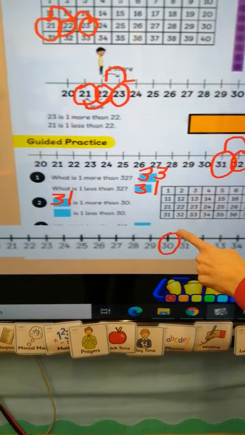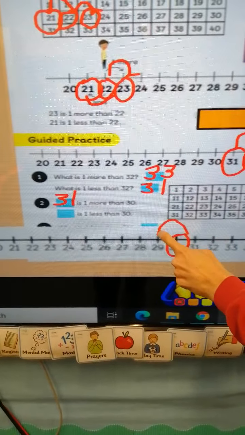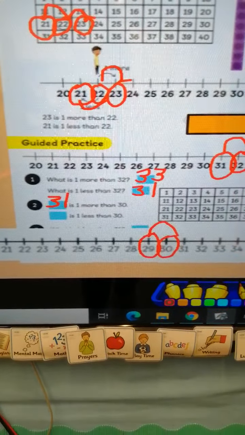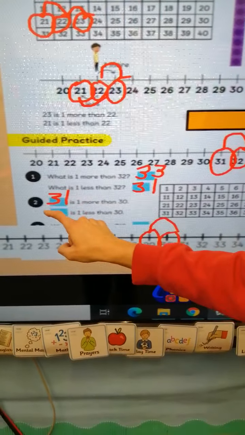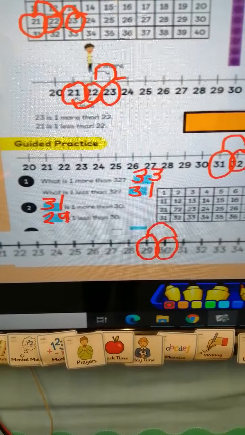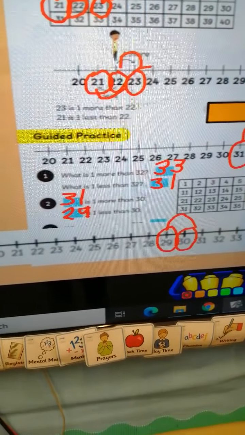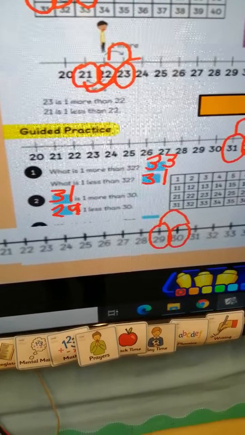Great, you're right. One jump down the number line. There we go. What number did we jump down to? It's not a 30s number, is it? You're right, we've jumped to 29. Let's write that down and say it together. 29 is 1 less than 30.